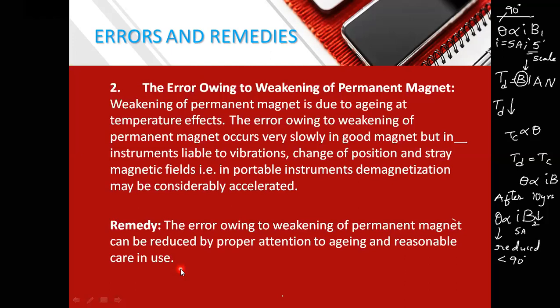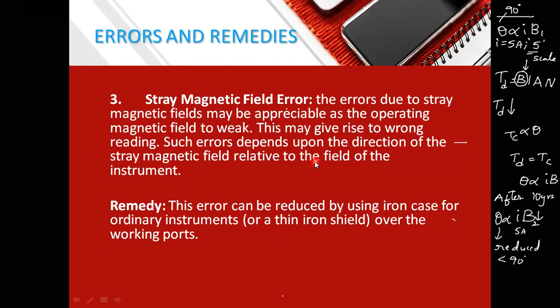If aging occurs, then you have to replace it or magnetize the permanent magnet again and then use it. The third error is stray magnetic field error.